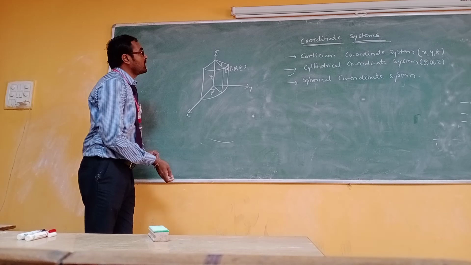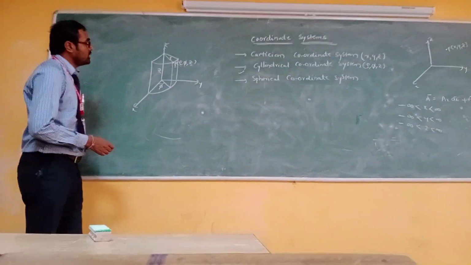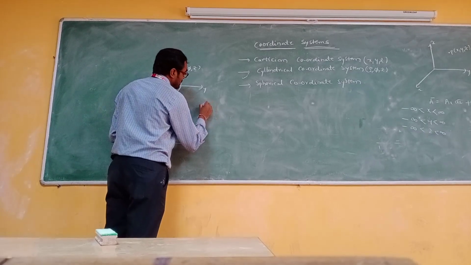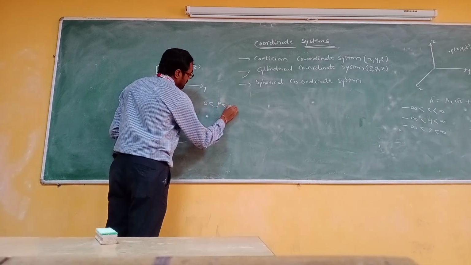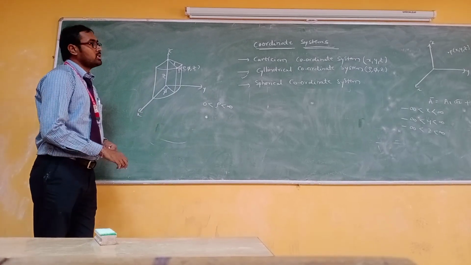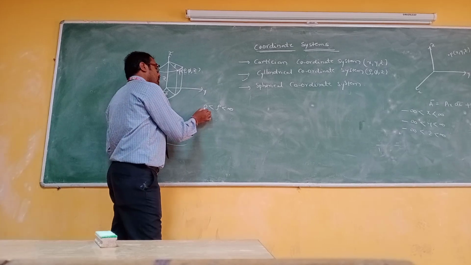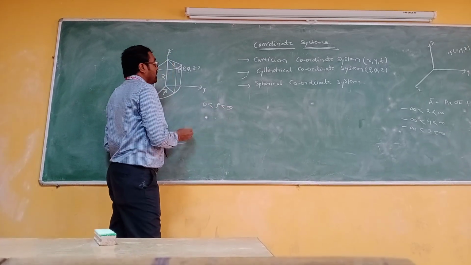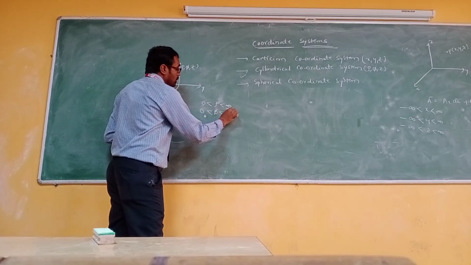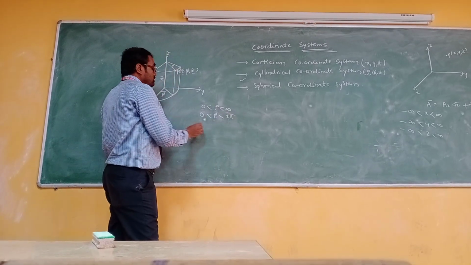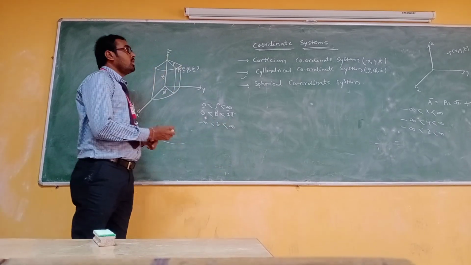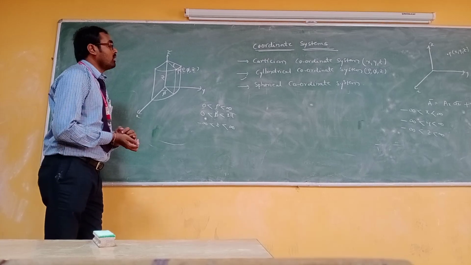These are the cylindrical coordinate system components, and the limits are as follows. Rho, the radius from the z axis to the surface of the cylinder, goes from 0 to infinity. The azimuthal angle goes from 0 to 2 pi, and the z component goes from minus infinity to plus infinity.